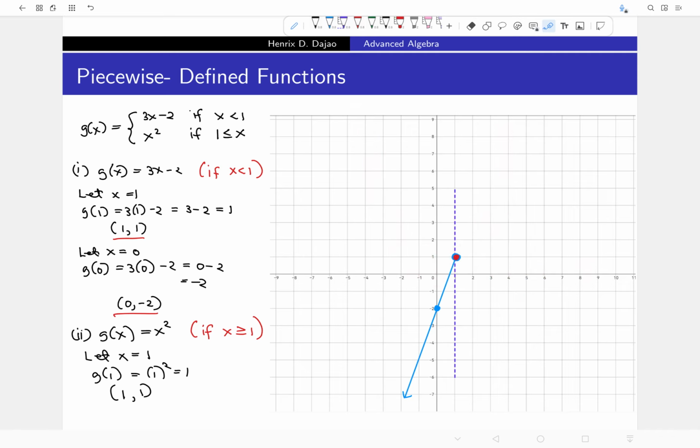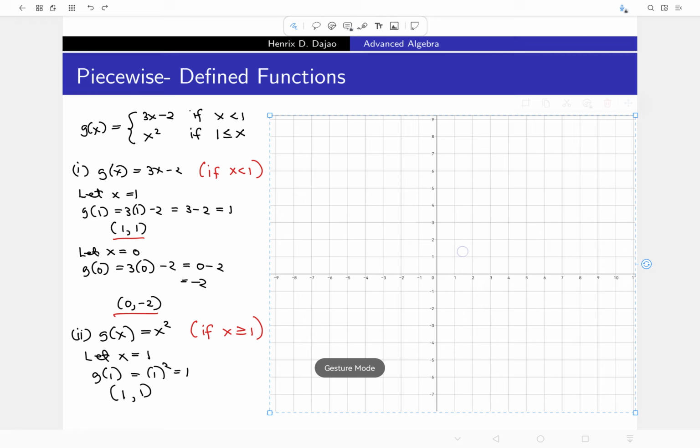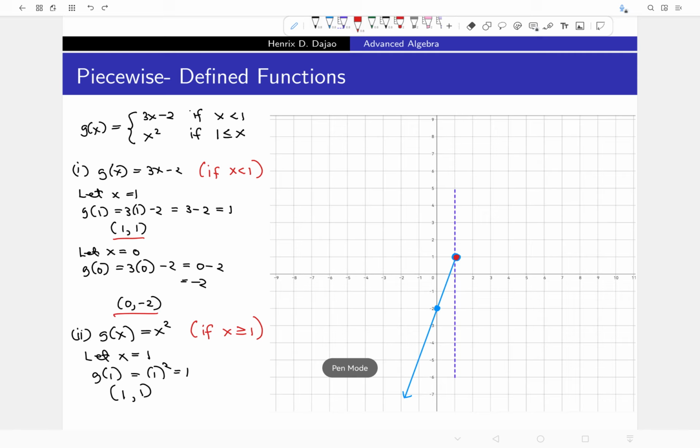So now the graph looks like this. It's a curve. It's not a line. It is part of this curve.